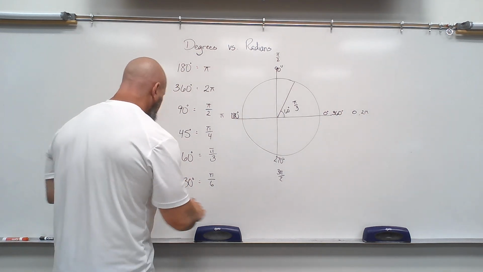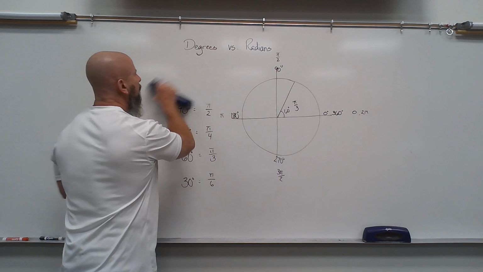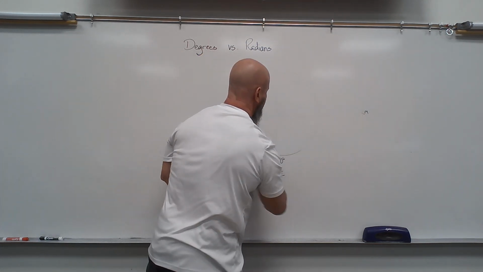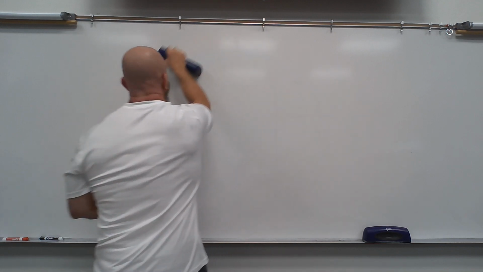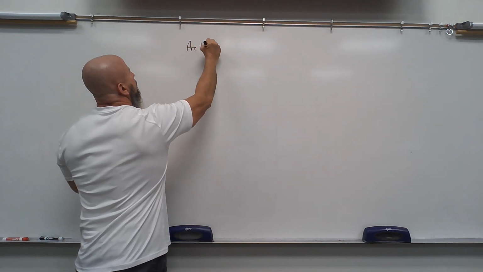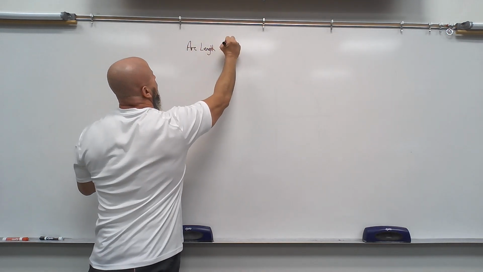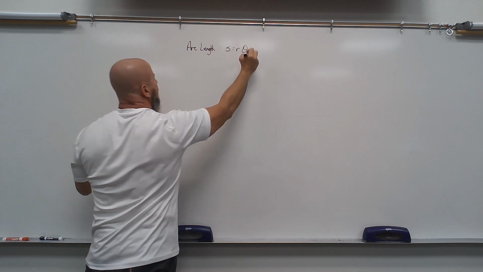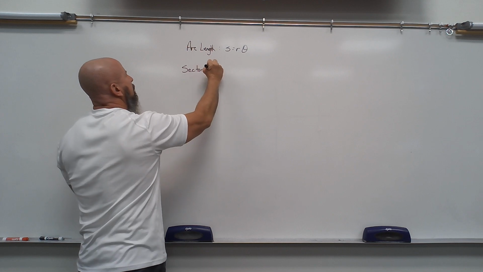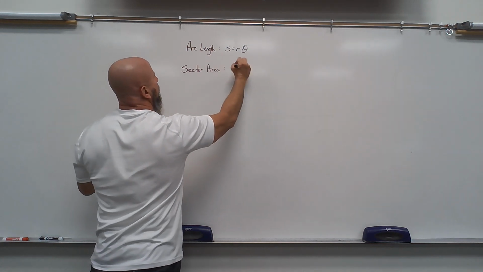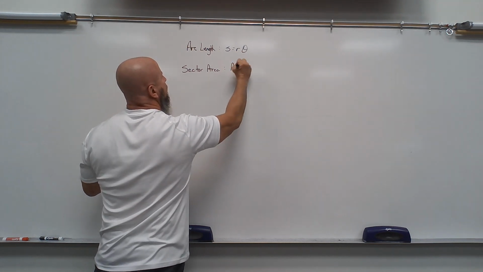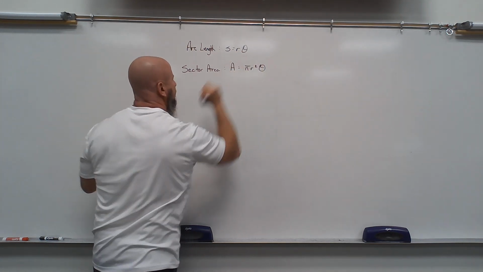Okay. A couple of formulas that involve radians primarily would be if we're going to find an arc length or a sector area. So an arc length is given by S equals R theta, and a sector area would be given by, I should say A for area, A equals pi r squared theta.